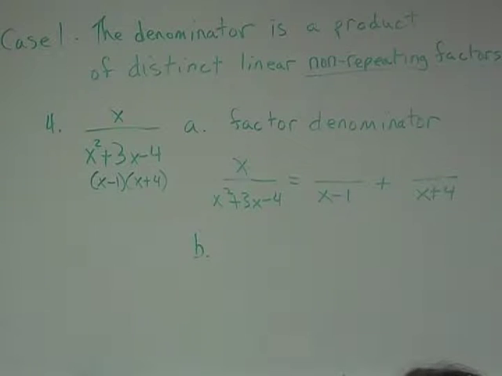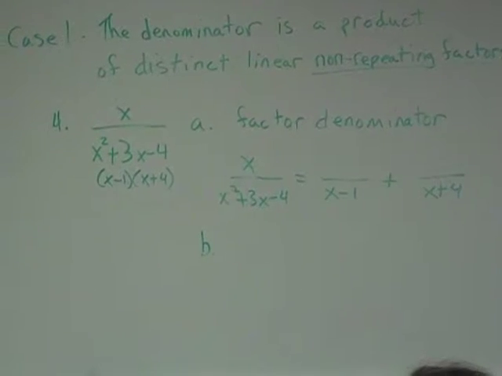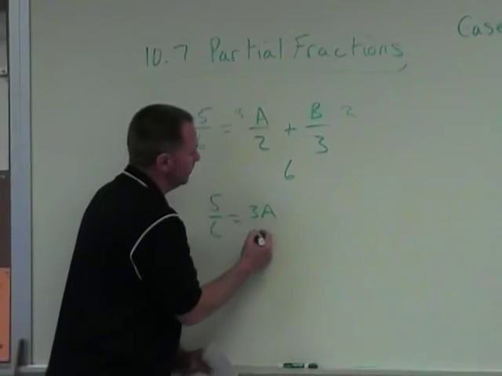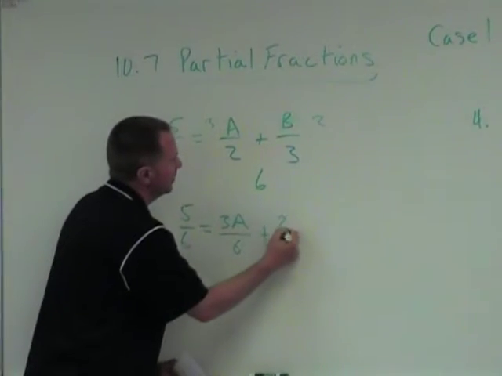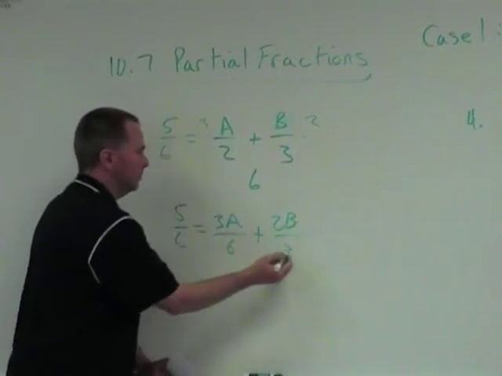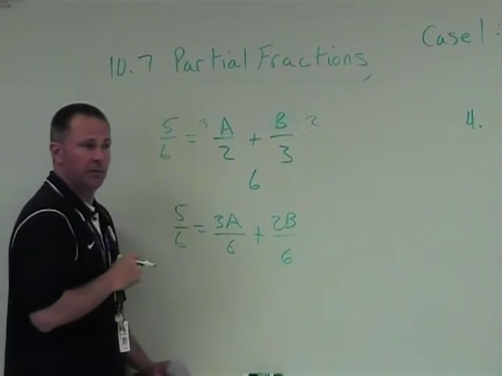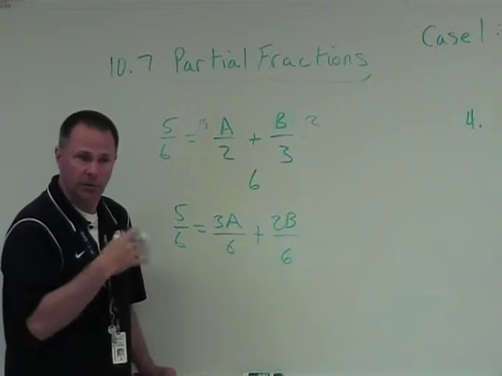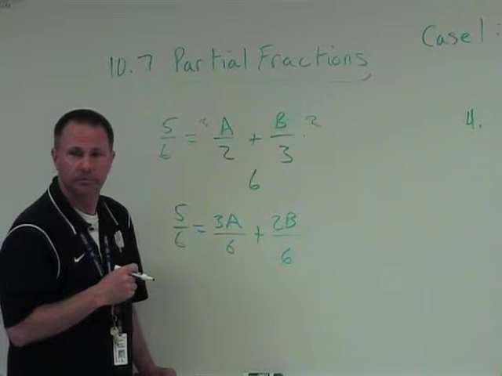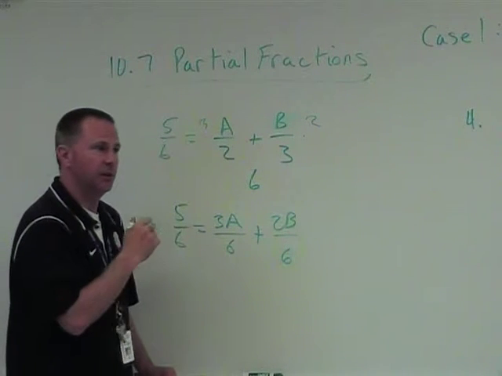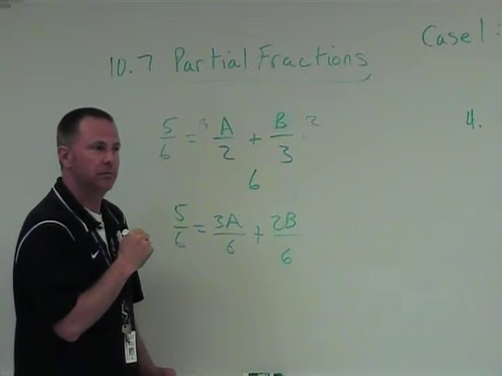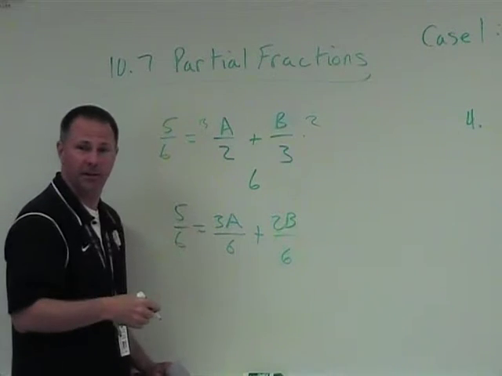Okay, now, I'm just going to write this out. 3a over 6 plus 2b over 6. Can I get rid of my denominators at this point? How do you get rid of your denominators? Multiply by the common denominator, right?